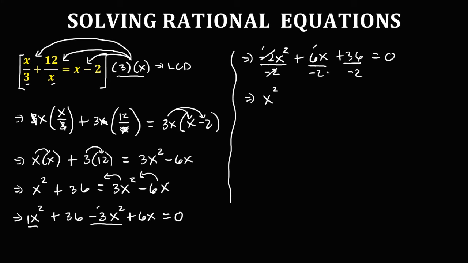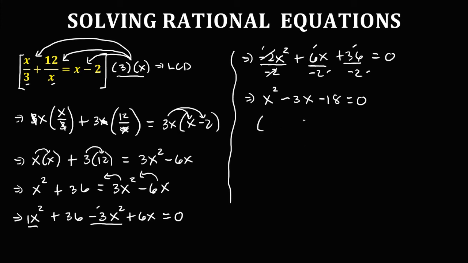Then this 6 divided by negative 2, this one is negative 3x. And this 36 divided by negative 2, this one is negative 18. Then equals 0. Now, since this one is a quadratic equation, we can solve the solutions using factoring.